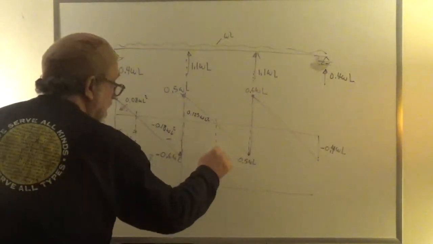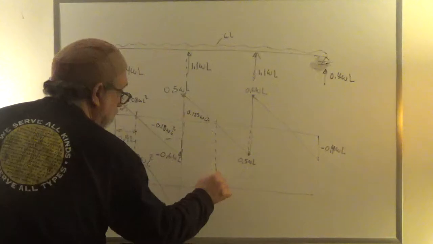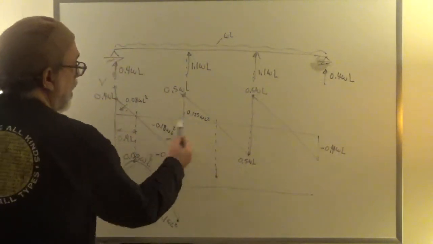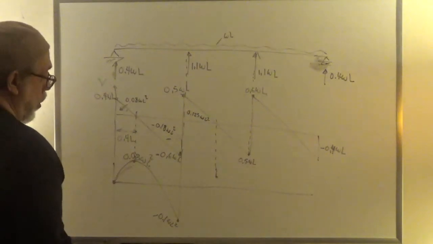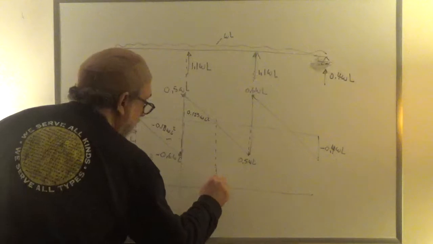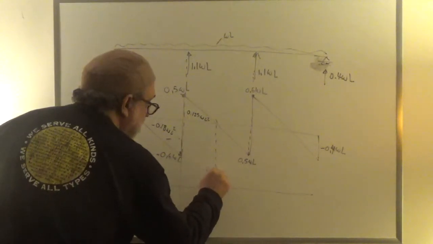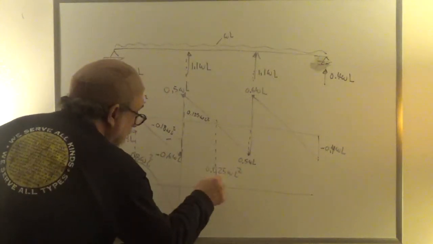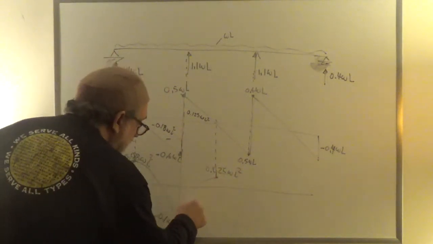Then here there is another positive moment, and it's going to be minus 0.1 plus 0.125, which would be 0.025. So this one here is 0.025 WL squared, and the diagram would be like this.